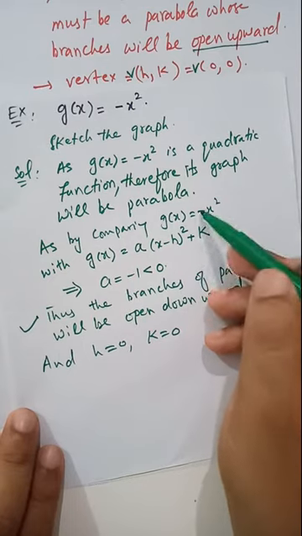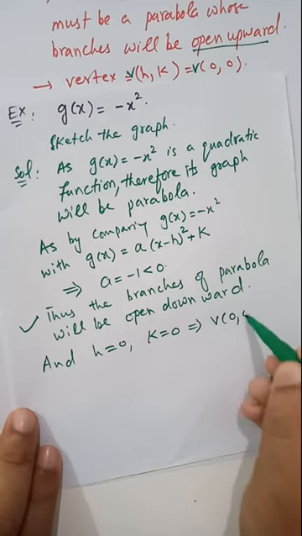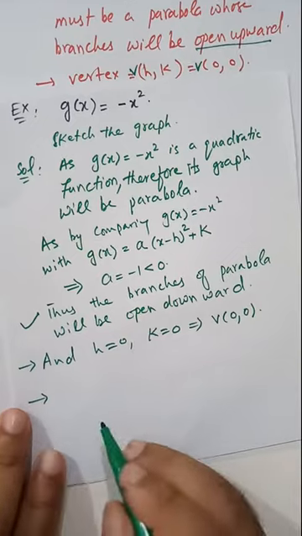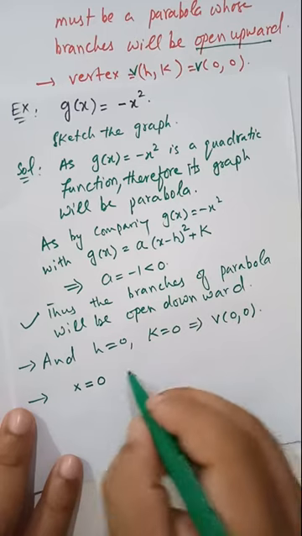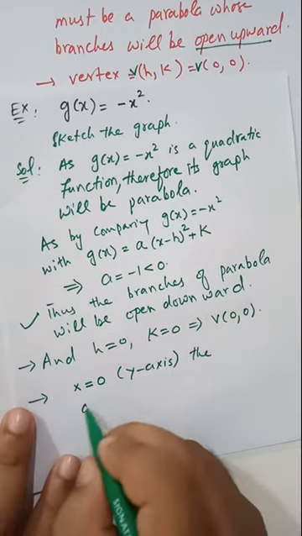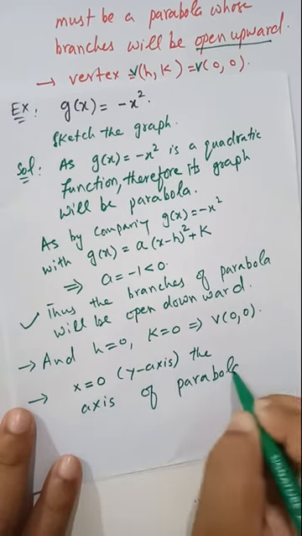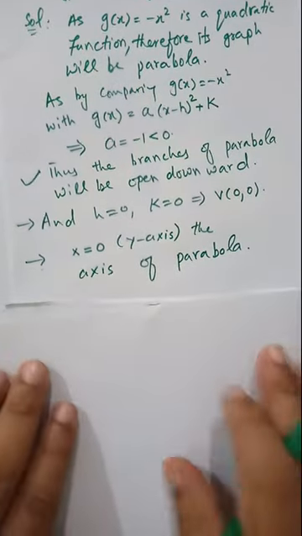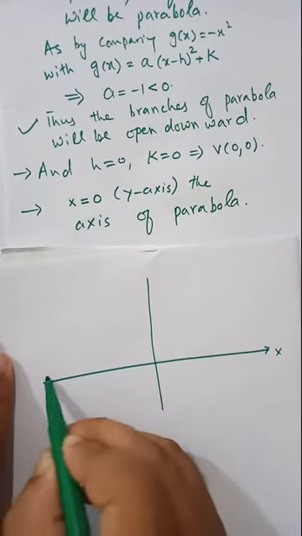You see when you compare these two, this implies that the vertex is 0, 0, and the third one is h is 0, so this implies that x is equal to 0, meaning the y-axis is the axis of the parabola. Now it is so easy to draw the graph. You see, this is my y-axis, this is my x-axis.